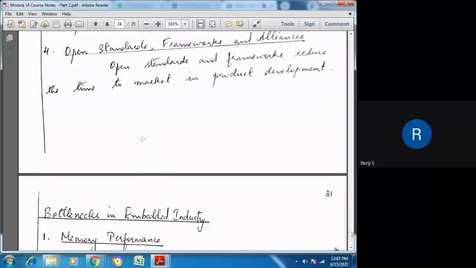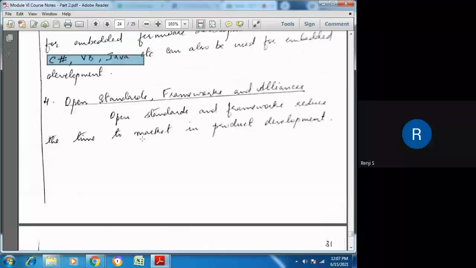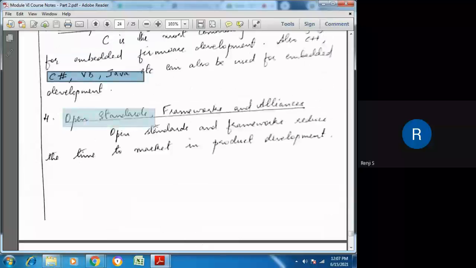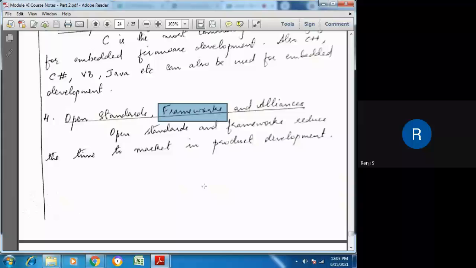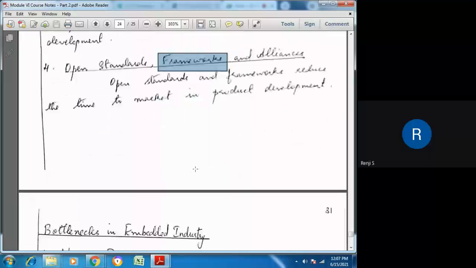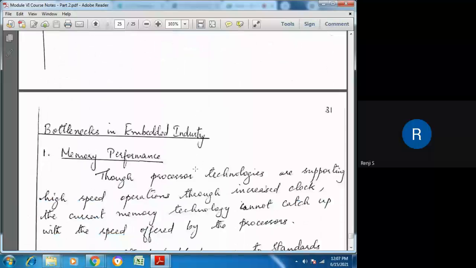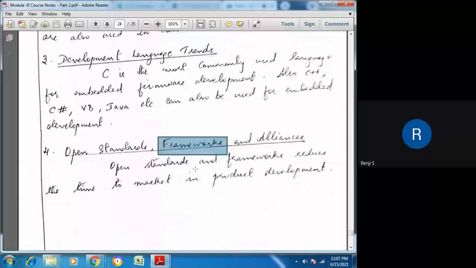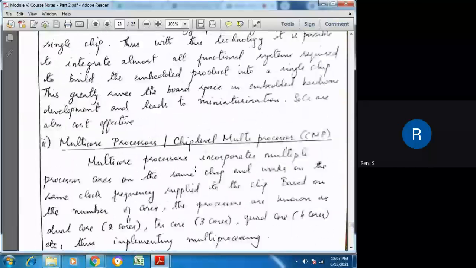Open standards and frameworks reduce the time to market, because instead of developing our own standards or methods, we can use open standards and frameworks to build our system. With the advancement of new open standards and frameworks, it is easier to implement embedded products. So they are the 4 trends happening in the embedded industry.